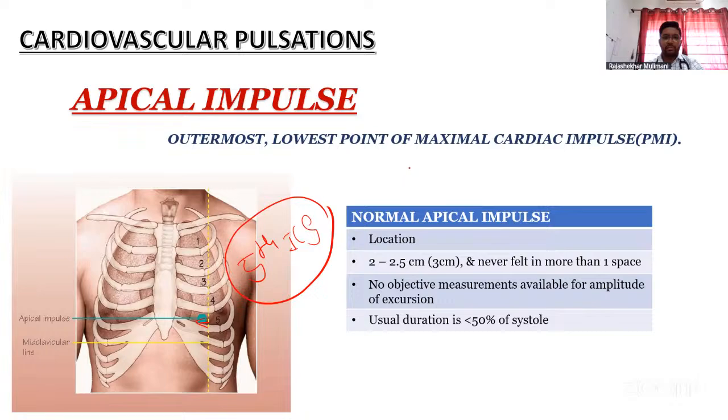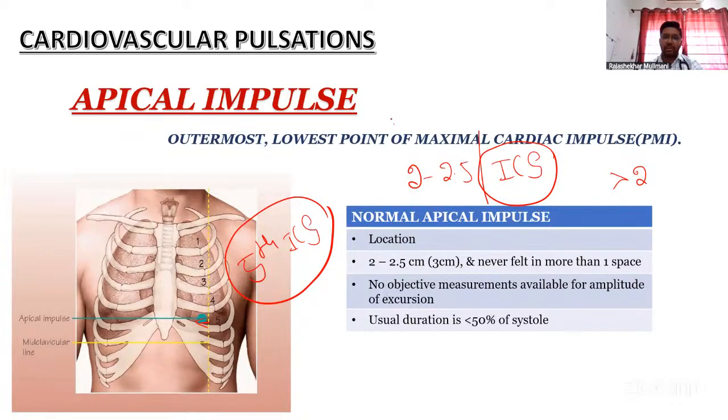It is roughly 2 to 2.5 centimeters, but practically it is usually limited to a single intercostal space. The apex beat normally cannot be seen or felt in more than two intercostal spaces. If it is, then it usually suggests a pathology.